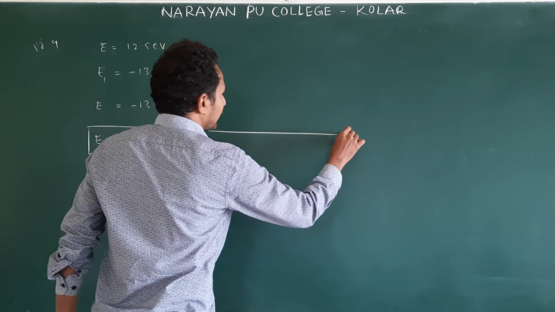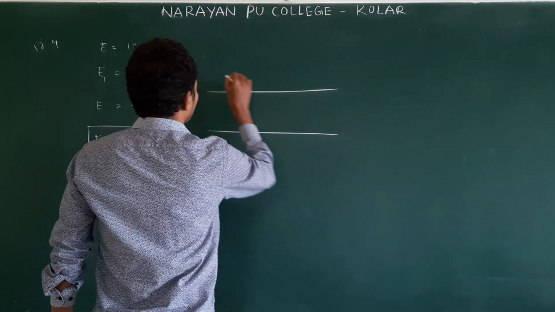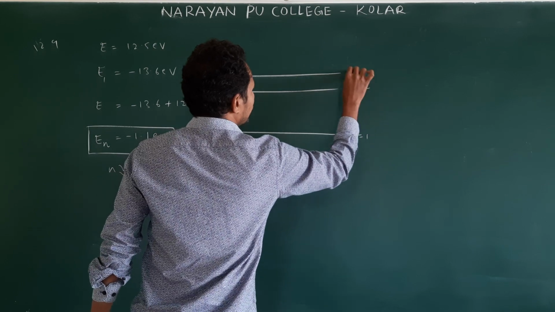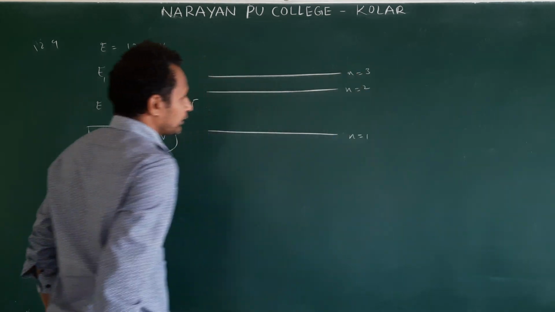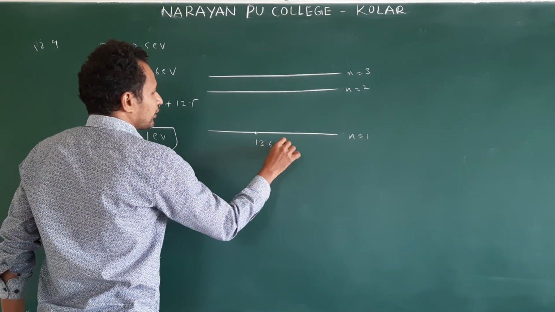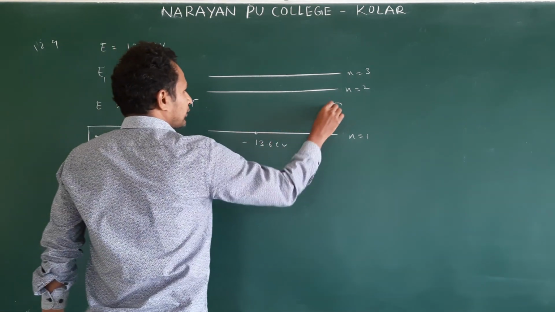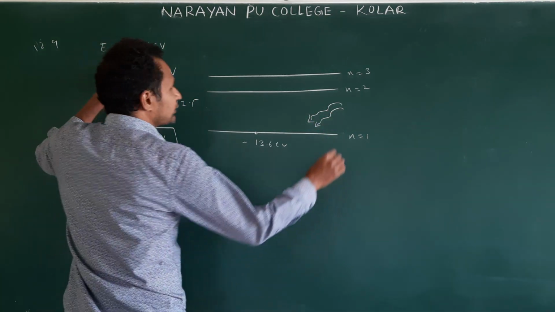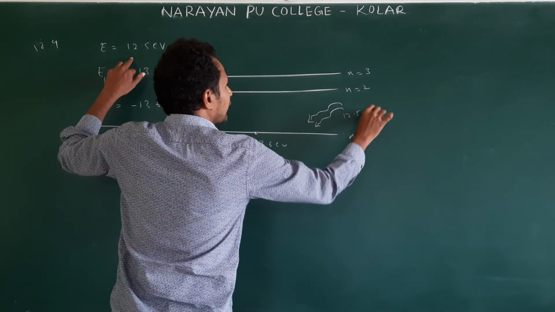Means n is equal to 1, n is equal to 2, n is equal to 3. Ground state electron, this energy is 13.6 eV. We are given energy 12.5 eV.